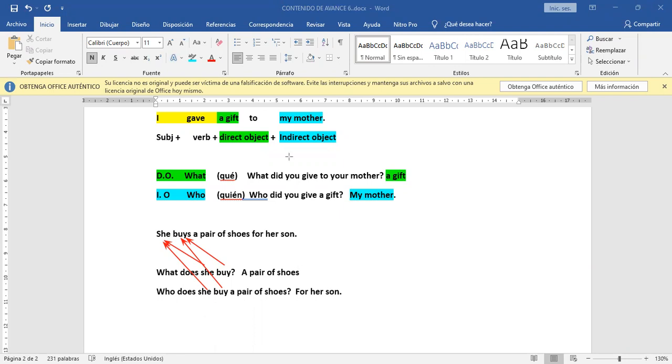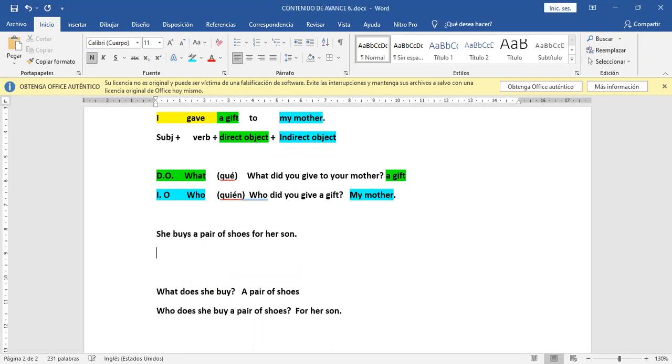In that case, now we can say, this is the subject of the sentence, sorry. This is the verb. A pair of shoes, direct object. Her son, indirect object.